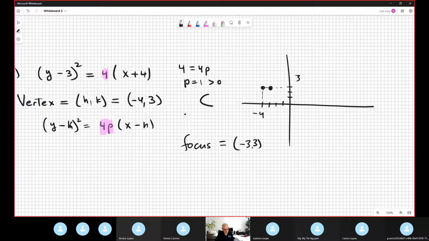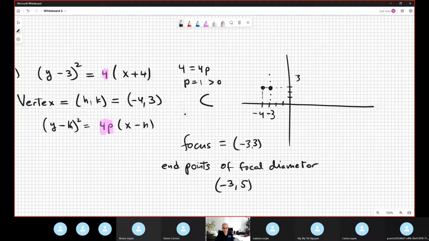And the endpoints of the focal diameter are at distance 2p, which is 2 actually: 1, 2, and 1, 2. So they are the points (-3, 5) and (-3, 1). Okay, it's this point and this point.